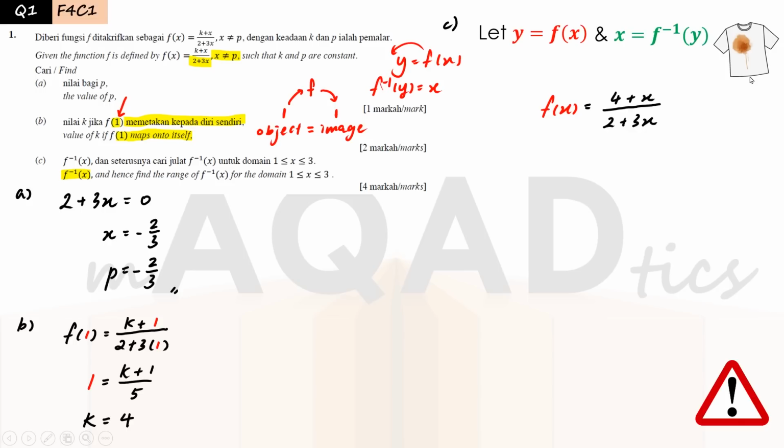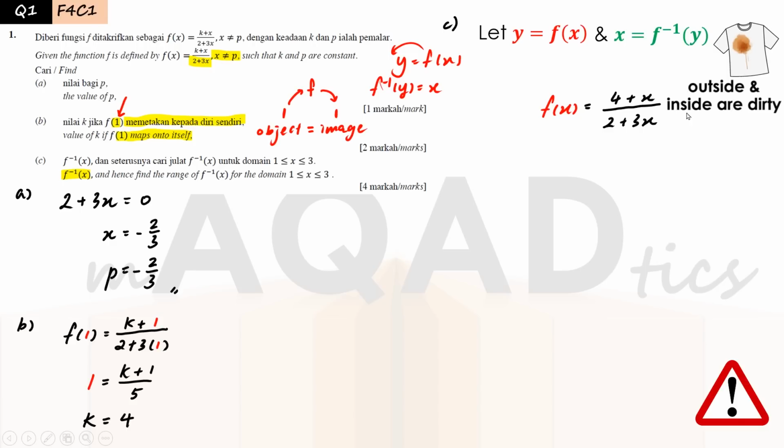So let's say this dirty shirt is this function. And this dirty shirt, the outside and inside of it are dirty. So there are two sides that are dirty, the outside and the inside.